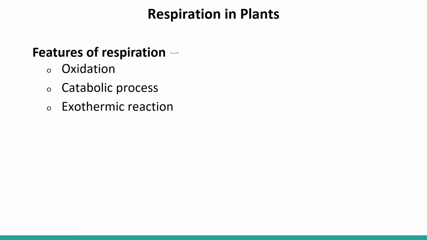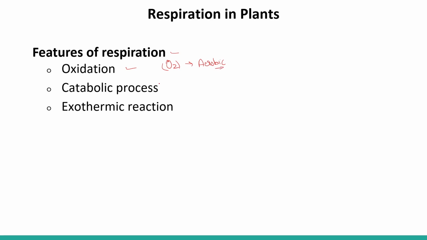Now let's discuss the features of respiration. First, it is an oxidation process, which means oxygen is generally utilized in the respiration process, generally during aerobic respiration. In anaerobic respiration, oxygen is not required.